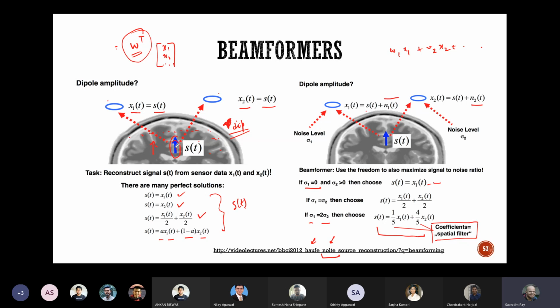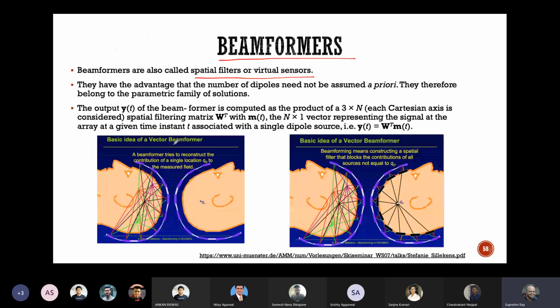I'm just asking what's the dipole at a particular location, and I'm going to find a way to do that from the sensor data. And the idea here is as follows. This is where the full picture comes about. The basic idea of a beamformer is that it tries to reconstruct the contribution of a single location from the measured field.